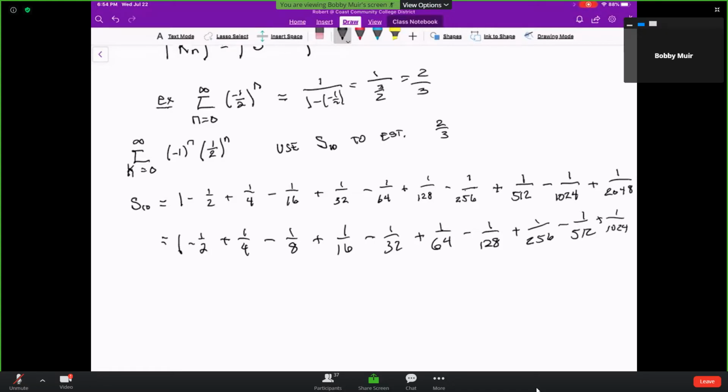Okay. So start over. 1 minus a half plus a fourth minus an 8th plus a 16th minus 1 over 32 plus 1 over 64 minus 1 over 128 plus 1 over 256 minus 1 over 512 plus 1 over 1024.